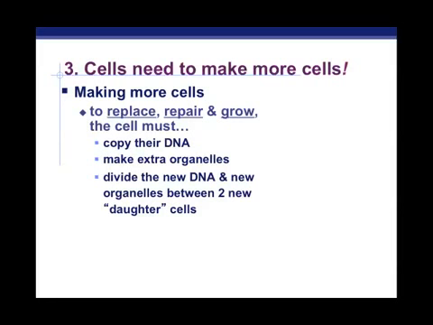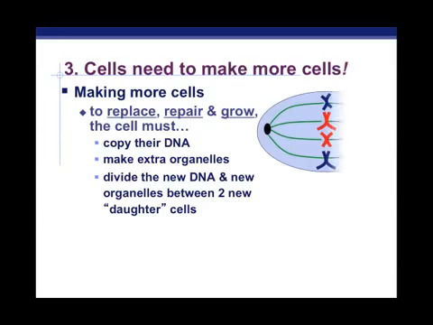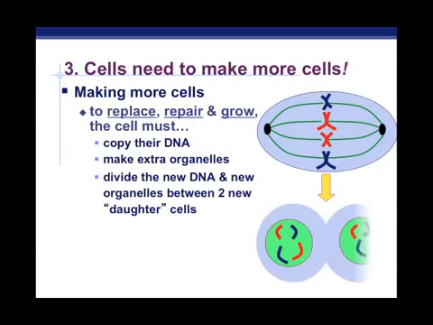So when they divide, they split everything in 2 and become daughter cells. And this is called mitosis. And it depends highly on the cytoskeleton framework in order to do this and make the DNA go to the correct parts of the cell. And you can see how it's split there.